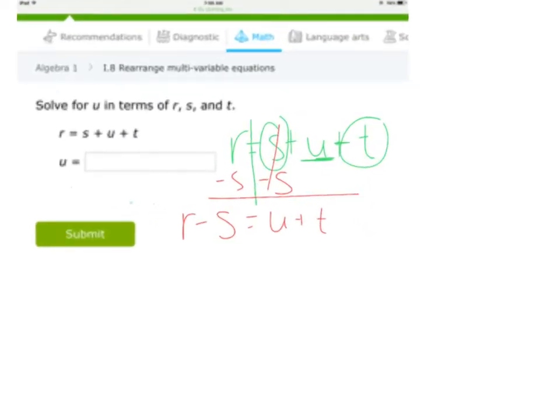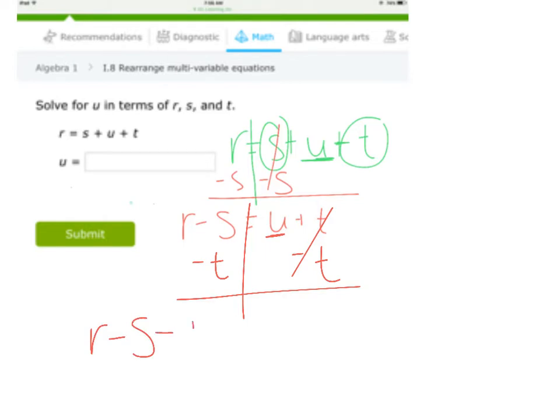And then we still need to get u by itself, so we're going to subtract t from both sides. Again, I know this kind of looks bizarre, but it's going to be r minus s minus t equals u. That is what you would plug in up here in your IXL when you go to submit.